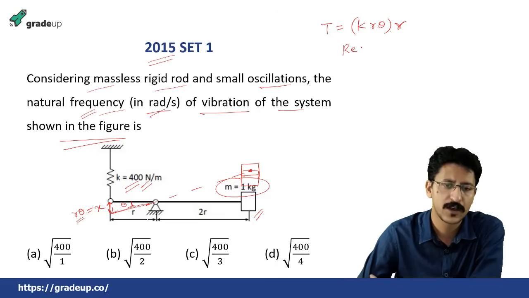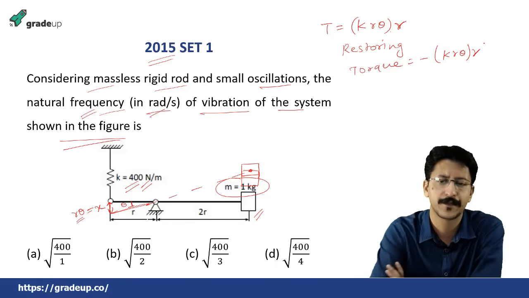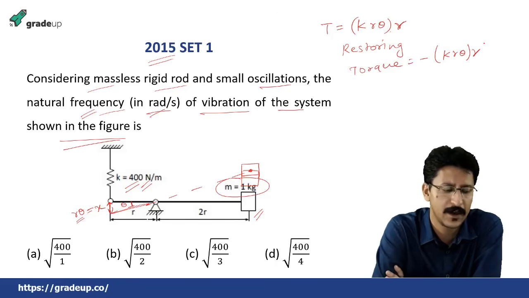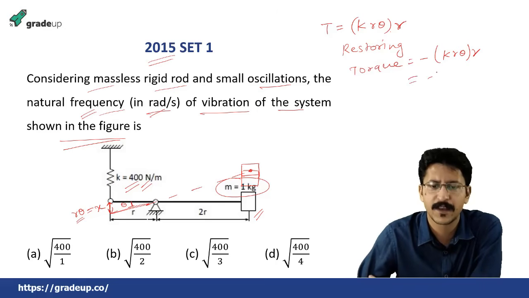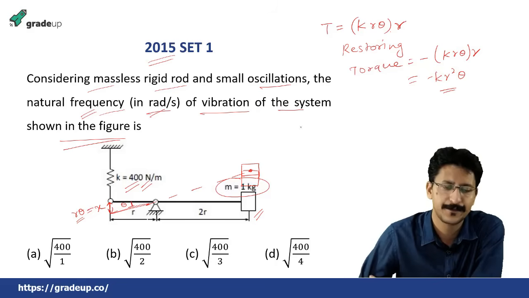So the restoring torque will be equal to minus k r theta into r, which can be written as minus k r square theta. Then we know that torque is equal to I alpha.